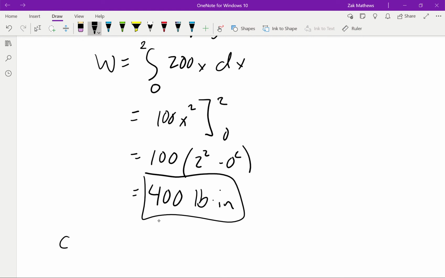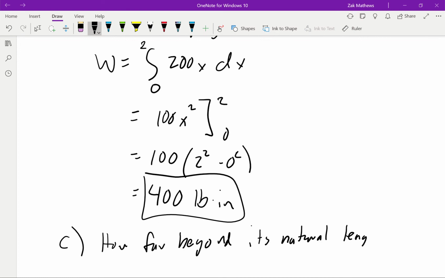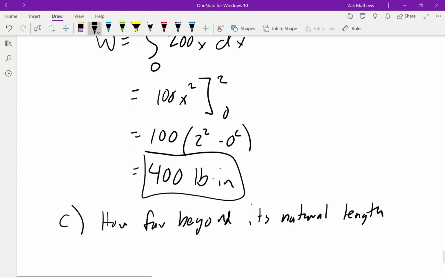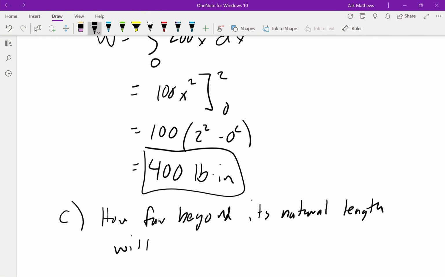Let's do one final part with this. How far beyond its natural length will a 1,600-pound force stretch the spring?